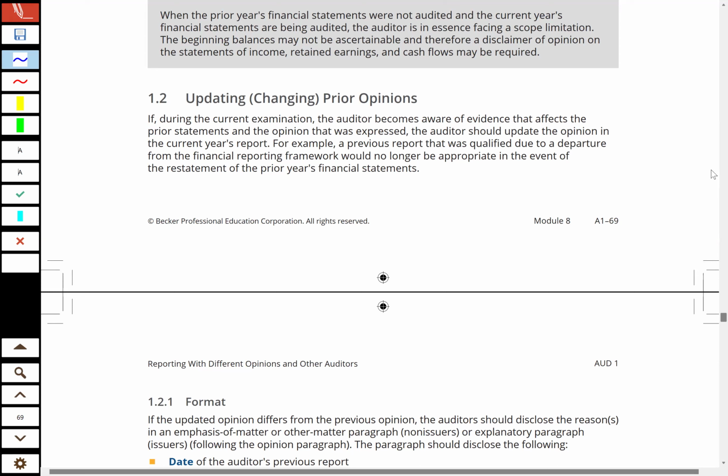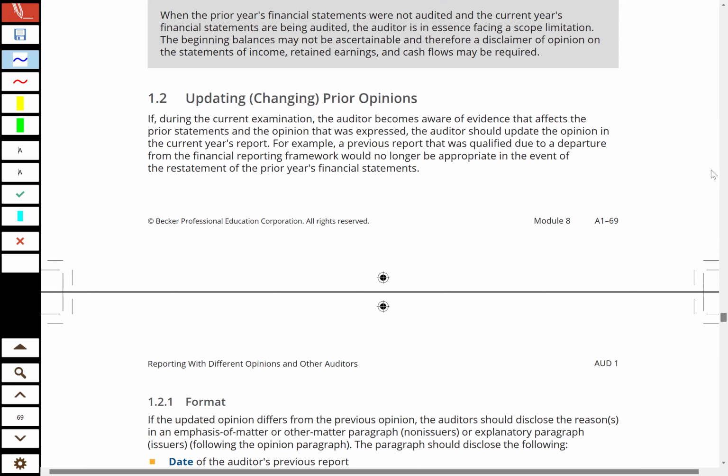I come to you and report to the board of directors, and I say, hey, look, we have to qualify the opinion for the 2024 financial statements. And you accept that and you say, okay, qualified opinion.